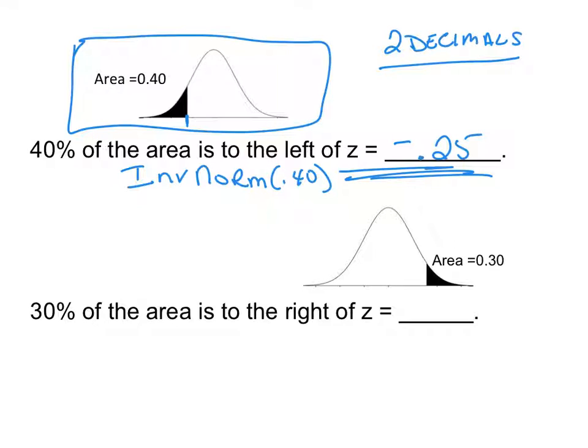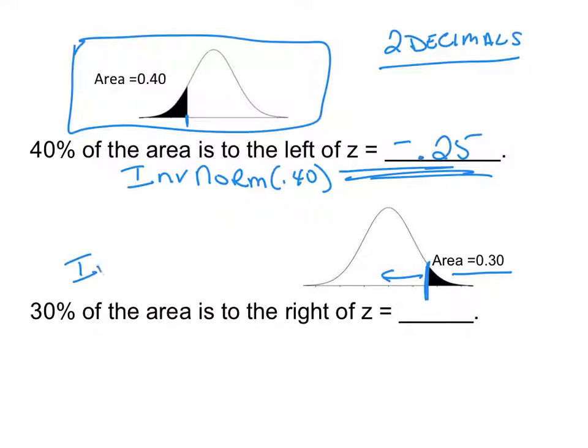Now on the second one, I'm looking for the cutoff here. It tells me the area that's to the right is 30%. But that doesn't help me, I can't inverse norm 30% and get this z-score over here. I have to inverse norm the area of the curve that is to the left. Always to the left.